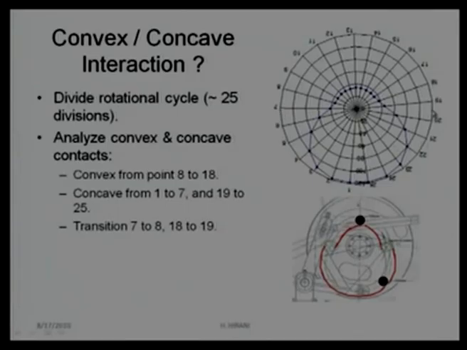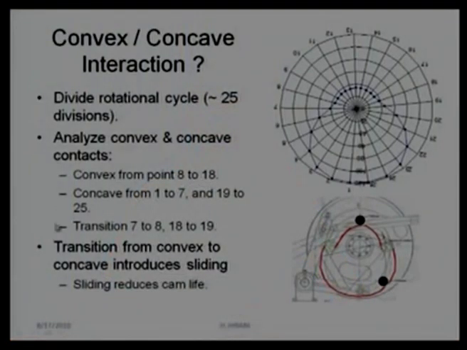Similarly, 19 to 25, this is a convex-concave interface. And the interesting thing is that from 7 to 8 it goes through a transition. Similarly, 18 to 19 goes through a transition, and this transition is going to introduce sliding. It is going to lose rolling motion, and most of the sliding will be introduced because of this transformation from convex-convex to convex-concave.